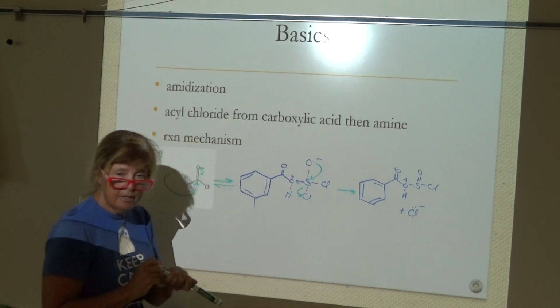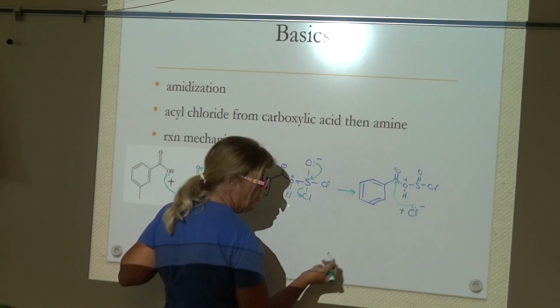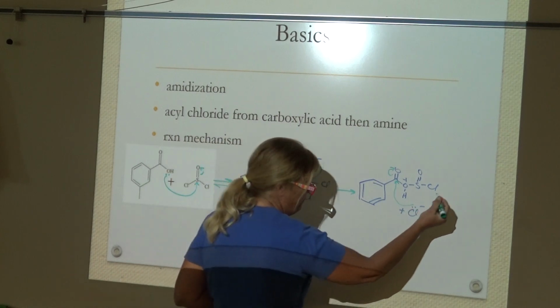That chlorine then is available to attack the carboxyl carbon, kicking those electrons up.